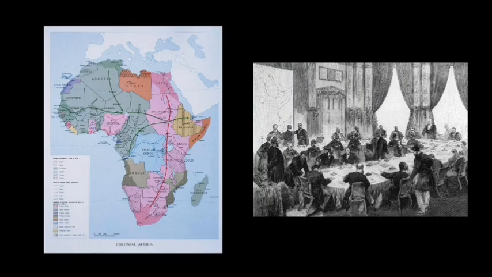Before we take a deep dive into King Leopold in Congo, I want to take a look at this map. I think it does a great job showing the land acquired by European powers. So if we look at the green, we can see the land acquired from France.